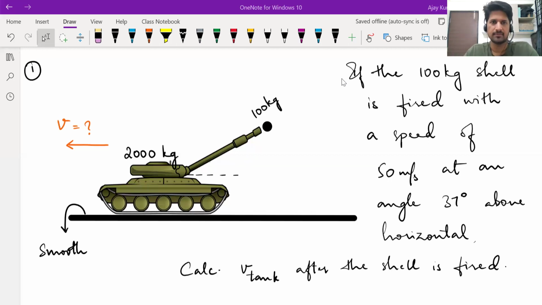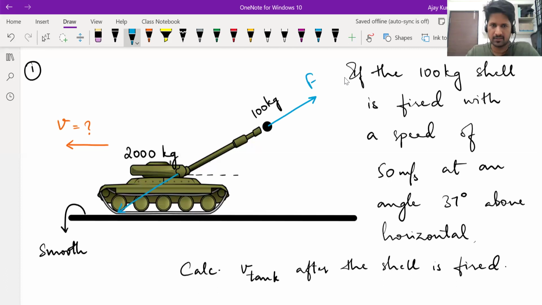Which force? Okay, listen all of you. As we discussed, it's the internal force, the force generated by the explosion, you can say. On the bomb, the force will act this way, so it starts moving that way. On the tank, the force will act in the exact opposite direction.